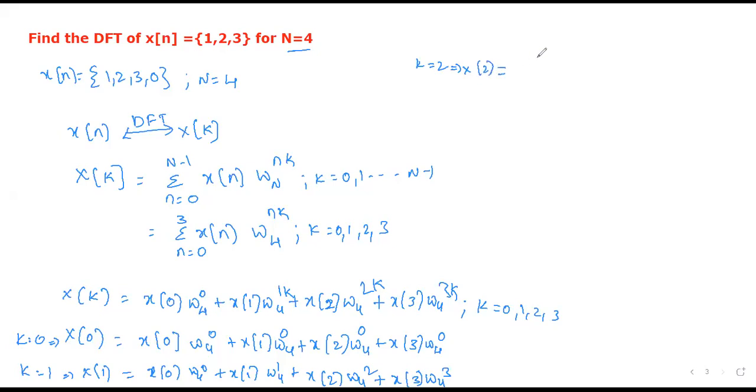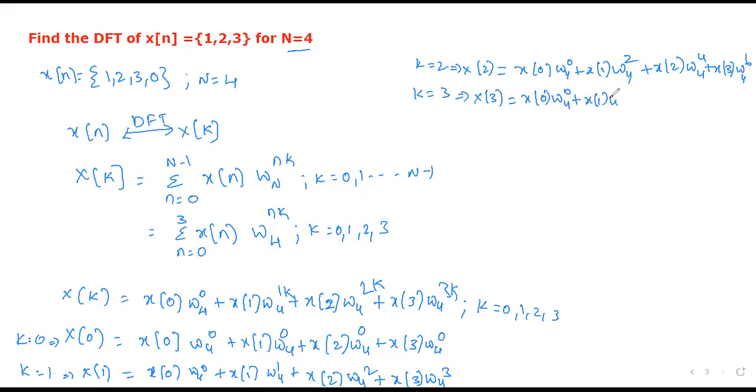X of 2 is equal to x of 0 into omega 4 power 0 plus x of 1 into omega 4 power 2, for k equal to 2, 1 twos are 2, plus x of 2 into omega 4 power 4 plus x of 3 into omega 4 power 6. Let me substitute k is equal to 3. X of 3 is equal to x of 0 into omega 4 power 0 plus x of 1 into omega 4 power 3 plus x of 2 into omega 4 power 6 plus x of 3 into omega 4 power 9, right?